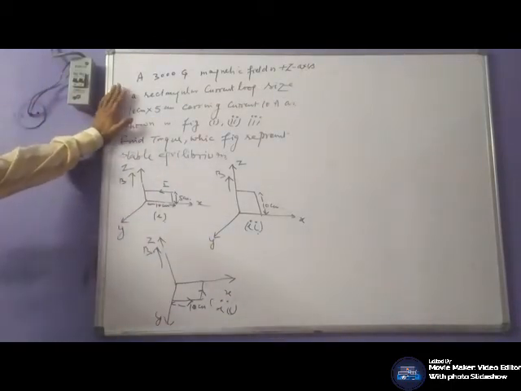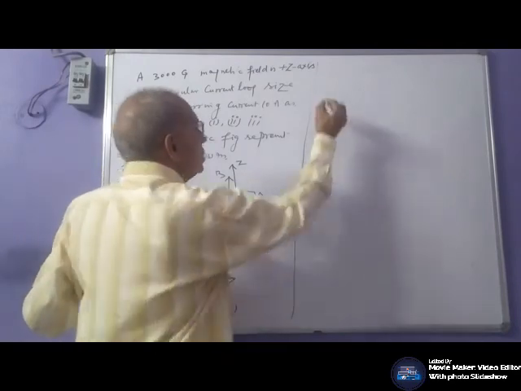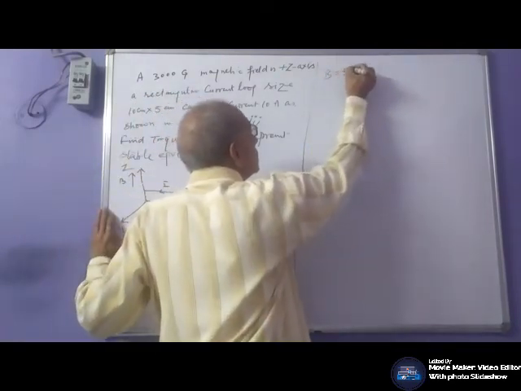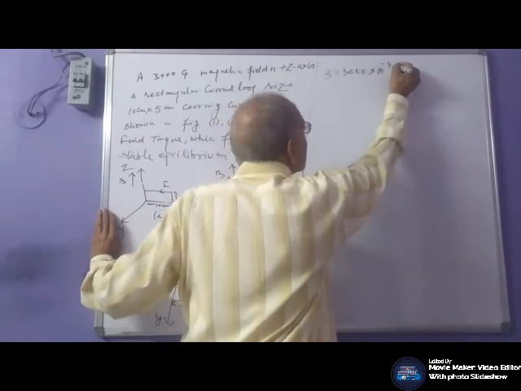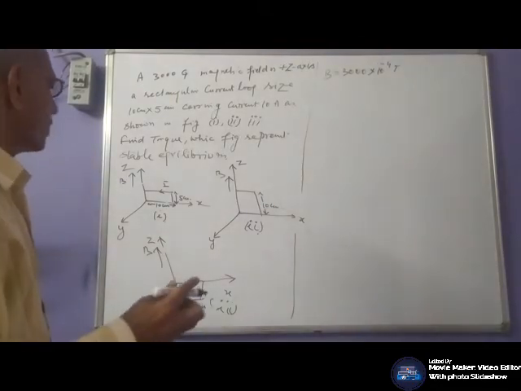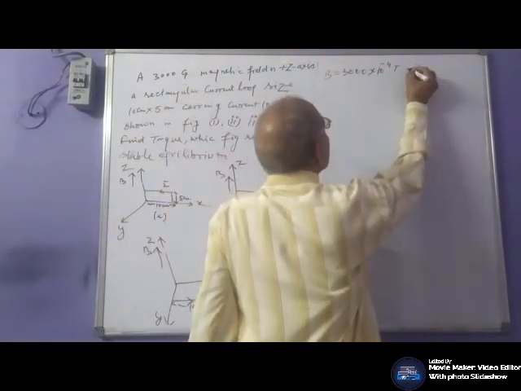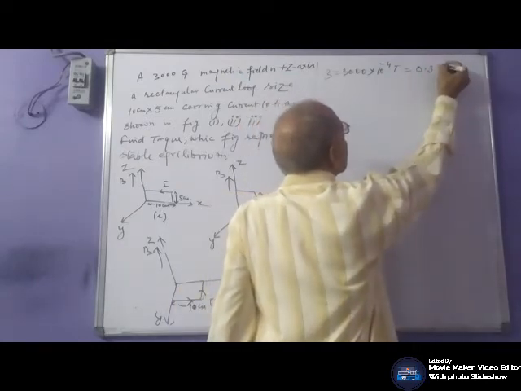Again, this B is 3000 Gauss, which is 0.3 Tesla.